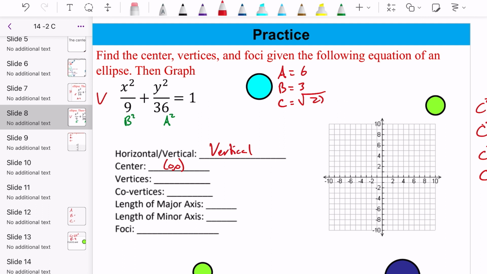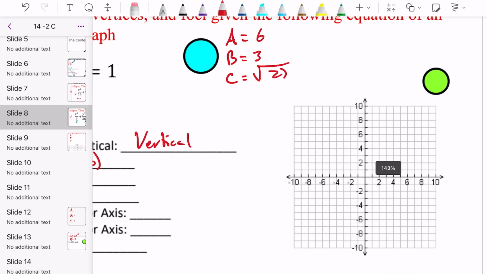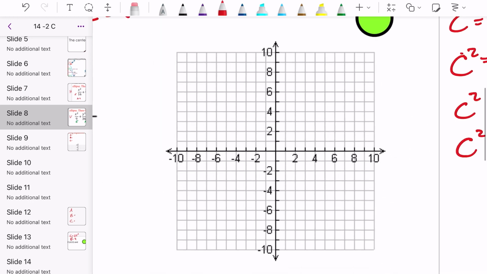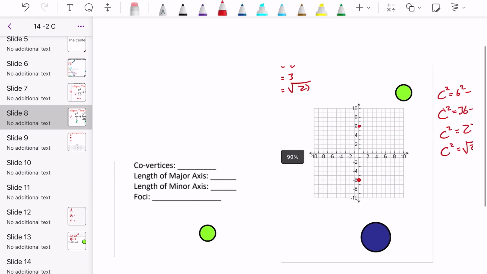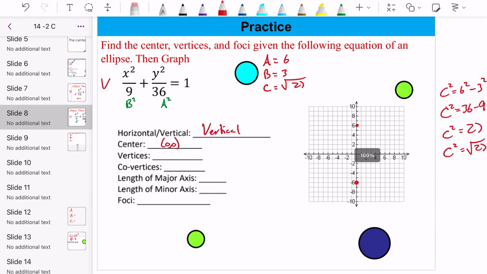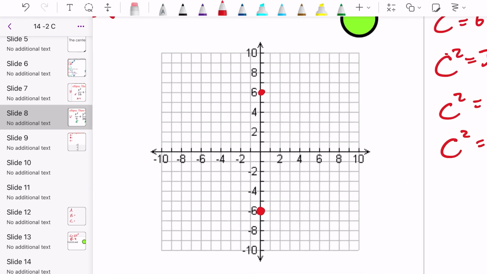So the distance between our vertices is going to be a distance of A, which is 6. So you're going up to 6, down to 6. You're also going to go ahead and go in the distance of B, which is 3. So to the right 3, to the left 3.